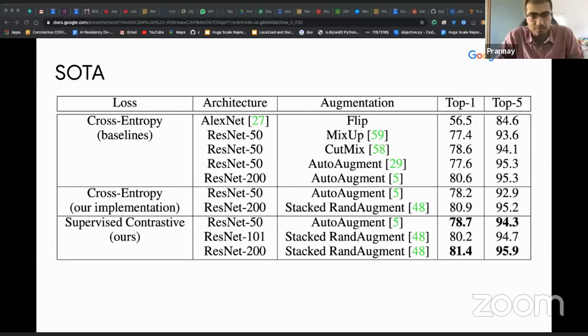Gotcha. And is this also related to why supervised contrastive learning is stable to corruptions in the ImageNet dataset and to hyperparameters like temperature? Yeah, we do believe that yes, since we're doing a much more meaningful representation learning. Even if you use the same augmentation for cross entropy and supervised contrastive, supervised contrastive is still better.